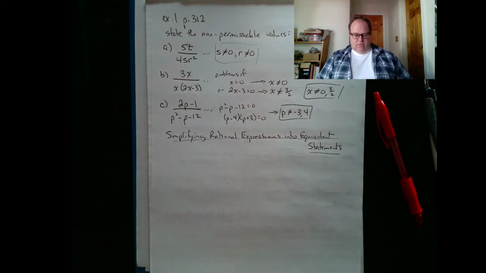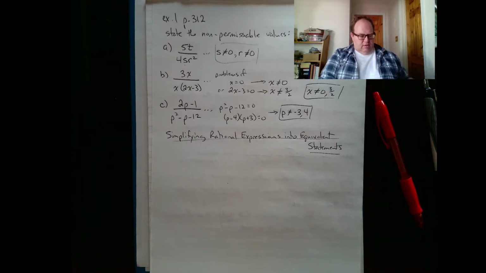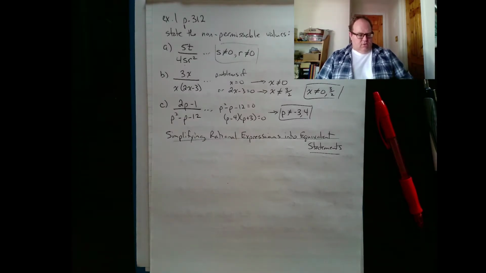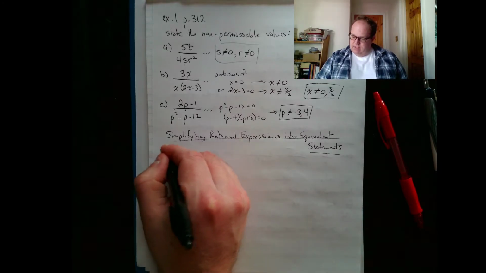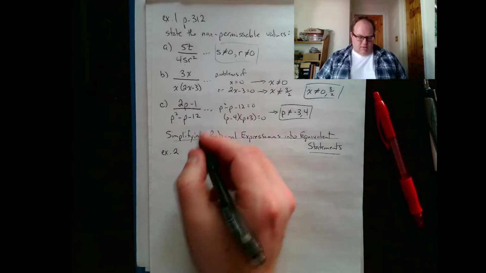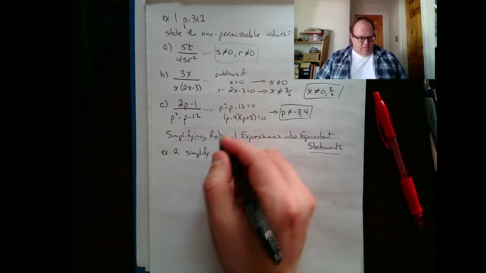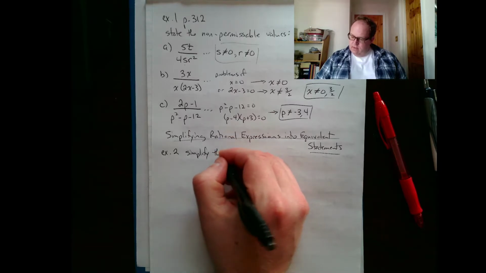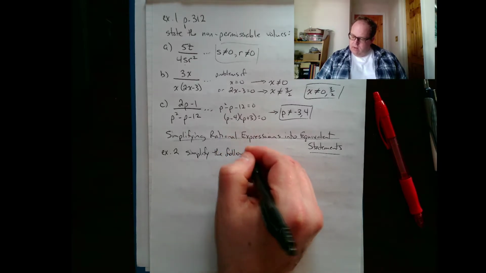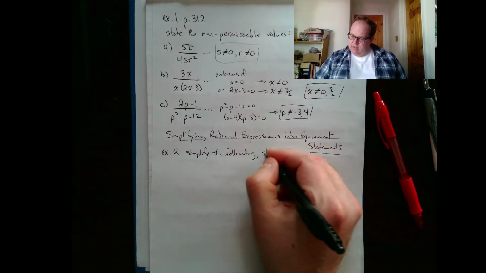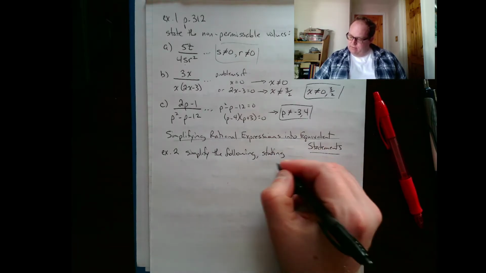And largely we're going to do this by example, and I'm going to talk my way through a few different ones and mention a few tricks and things that can happen along the way. So I'm going to dive right into example 2, which basically says simplify the following, stating non-permissible values.